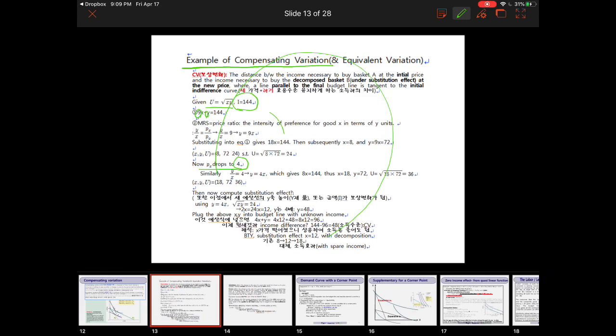You can do all the exercise: find out basket A, C, and decompose basket B, and find out new E for equivalent variation, and compute the utility level at each basket.